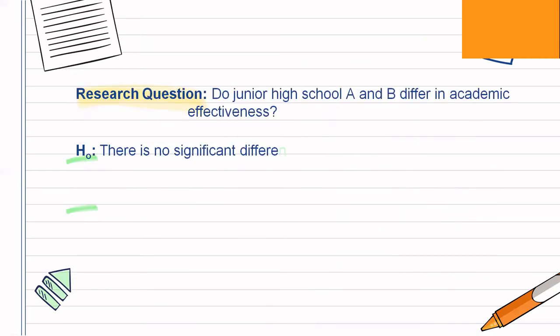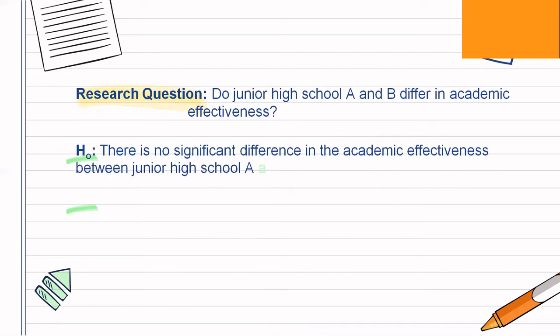And to solve for this, we have the research question. Did junior high school A and B differ in academic effectiveness?